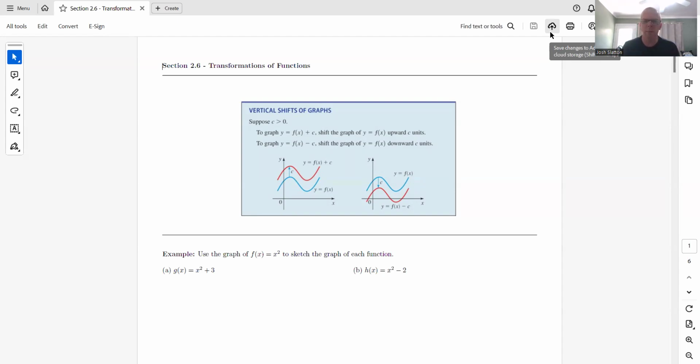There are pretty basic rules for this, and if you learn the rules, then the rest is pretty simple. If you ever forget, you can go back to the basic premise of graphing a function.